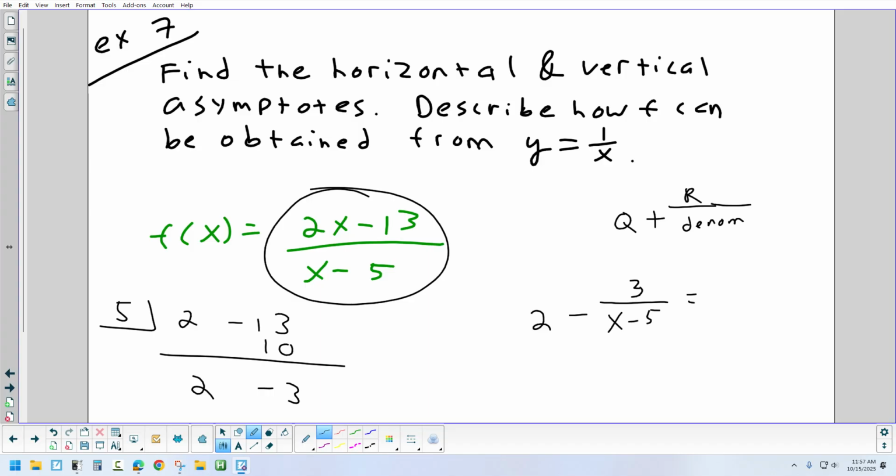But what I would do is put the 3 in front and make the top a 1. So we've got 3 times 1 over x minus 5, and you could multiply that out. 3 times 1 would give you 3. Let me just make sure we know that's in the middle, not in the bottom.